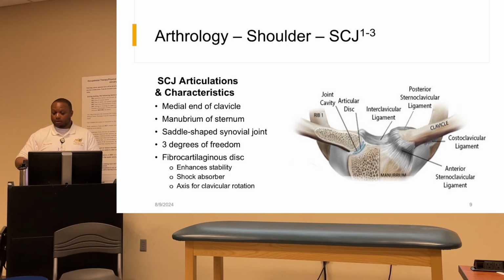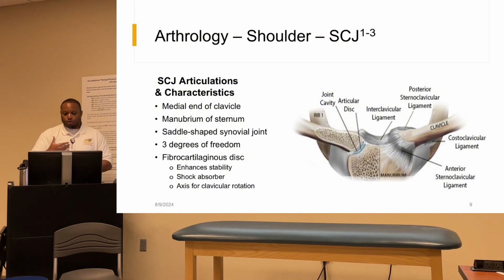However, with horizontal abduction, your glide or slide is going to occur in the same direction as the movement because it is a saddle-shaped synovial joint. But we'll go into more detail when we get into the arthrokinematics of the sternoclavicular joint.